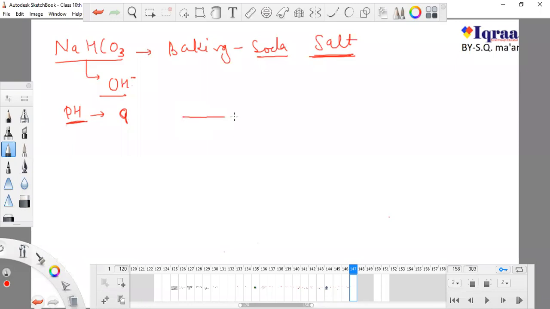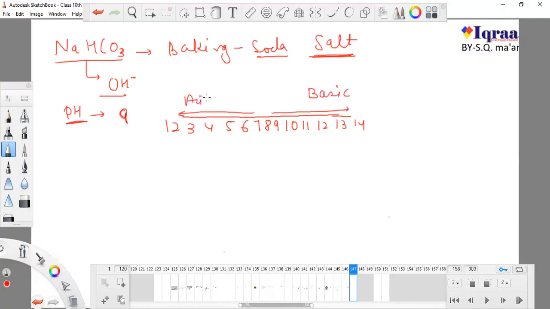If we go with this scale, I'm writing 7, 8, 9, 10, 11, 12, 13, 14, and here 6, 5, 4, 3, 2, 1. Anything beyond these levels is acidic or basic. If you go here, it will be basic, and if you go here, it is acidic.